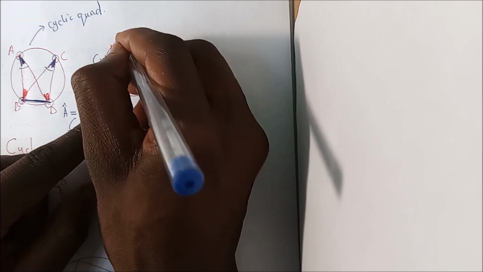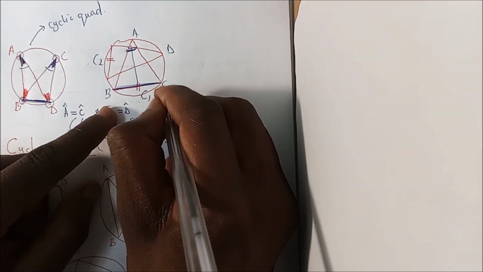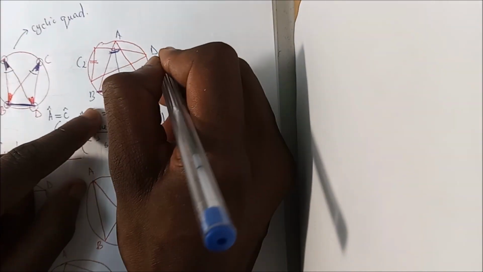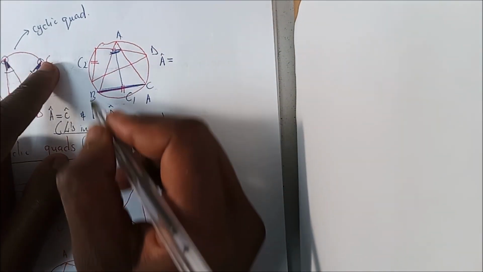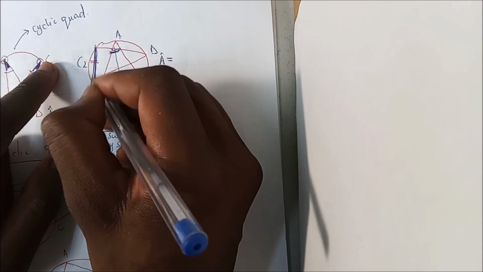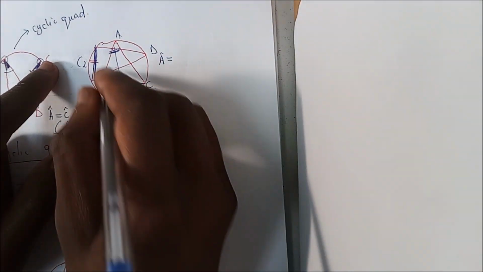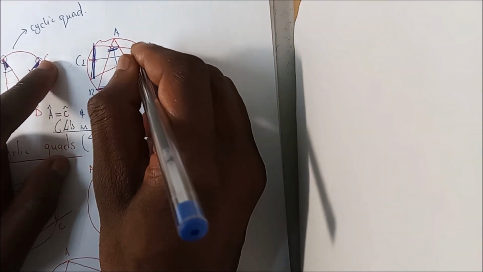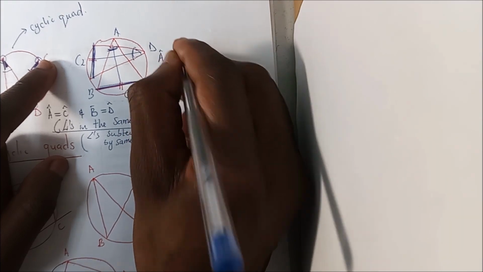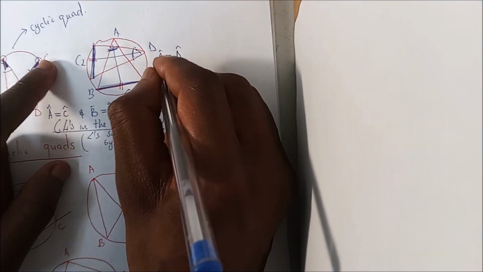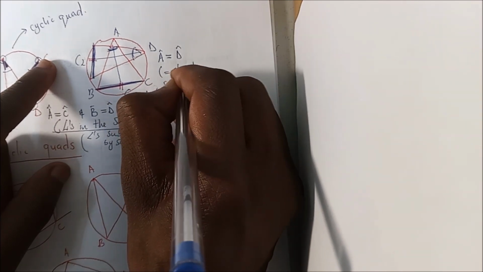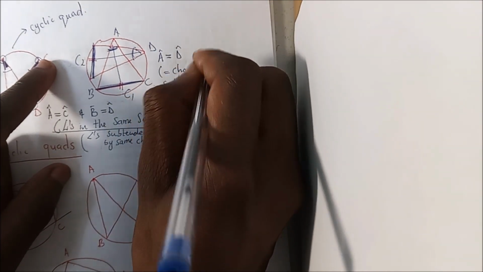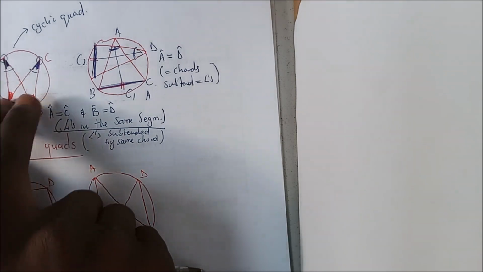It's A. So angle A is equal to, now let's go to the second chord. This chord subtends which angle? You just go opposite to the side. So the angle is D. So angle A equals angle D. What will be the reason? Equal chords subtend equal angles.